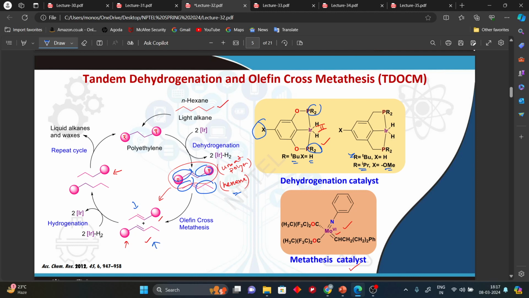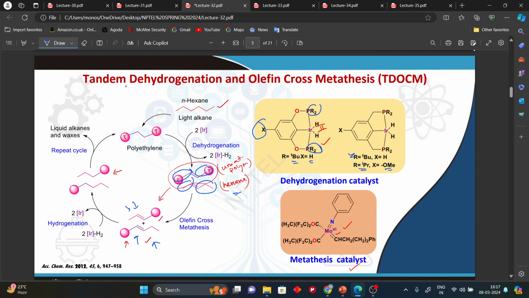Now that iridium catalyst that captured hydrogen can do your hydrogenation reaction like this. The hydrogen attached to iridium can now reduce your polymer chains, and again it generates these two types of polymer. And this way the cycle repeats.